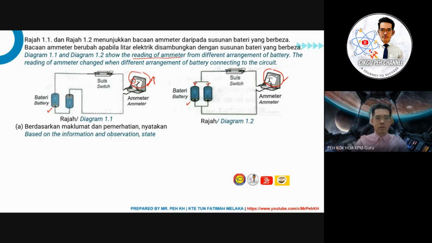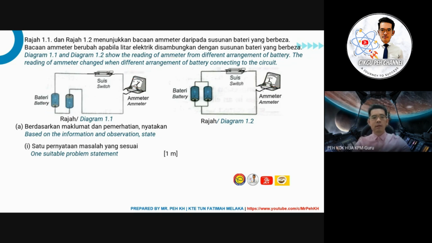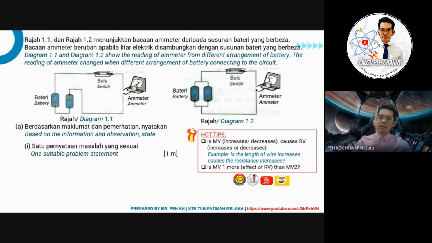Based on the information and observations, state one suitable problem statement. This is the question I have not discussed with you in sample question number 1 for this type of experiment: how we answer the question regarding the problem statement. Here is a guide.